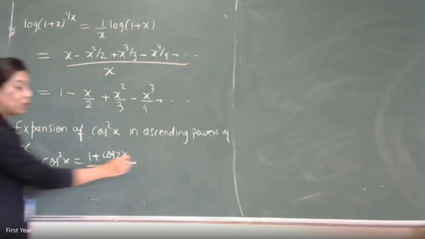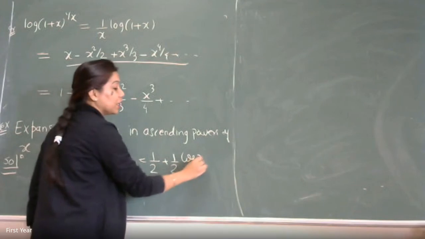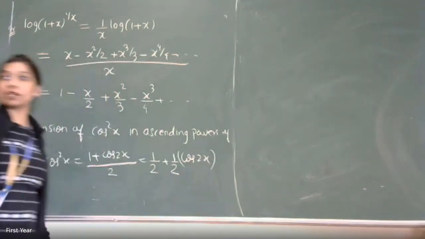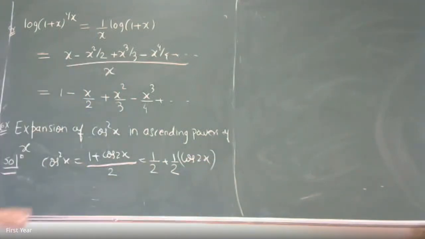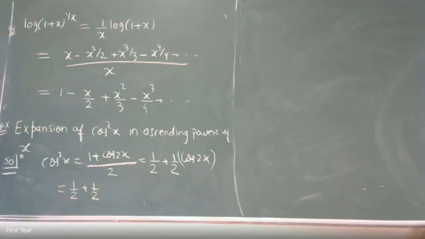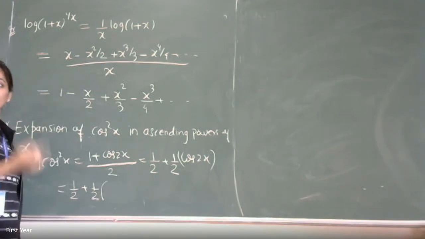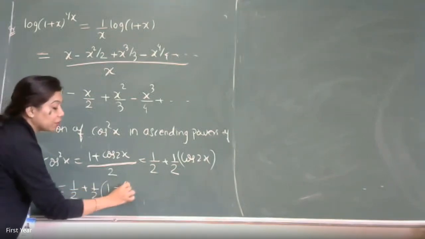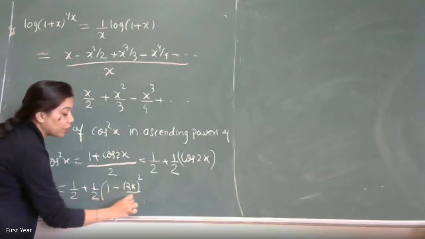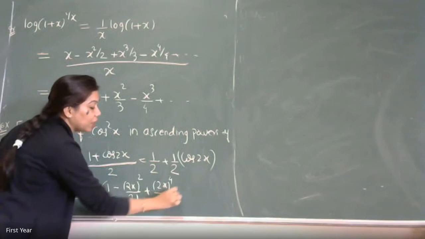Okay, so this will become 1 by 2 plus 1 by 2 into cos 2x. And you know the expansion of cos 2x? Substitute, that's your answer. So it will become 1 by 2 plus 1 by 2 times cos 2x. Cos is an even function and your theta is now 2x. So 1 minus (2x) square by 2 factorial plus (2x) raised to 4 by 4 factorial.